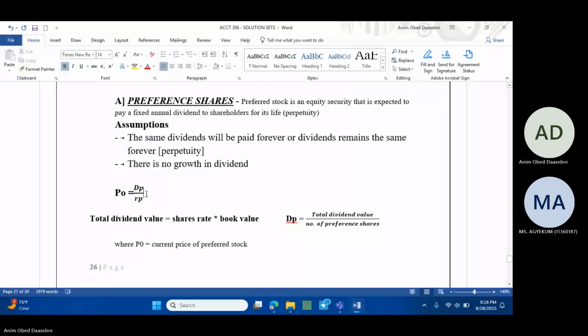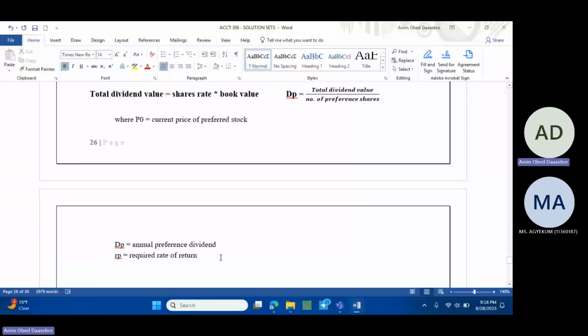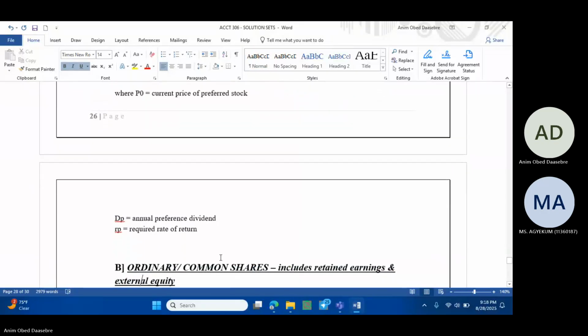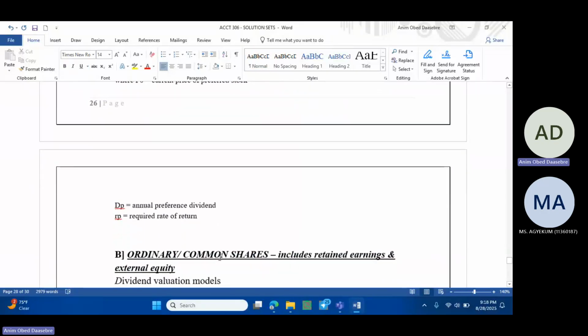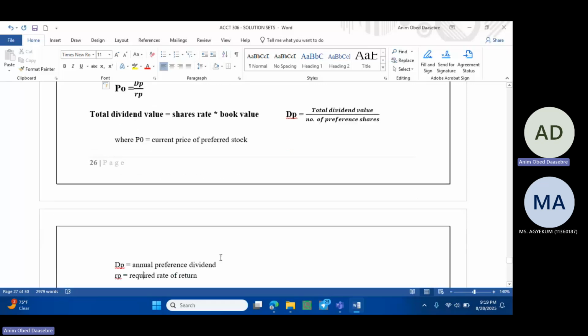Right. So where P0 is the current price of preference share, DP is the annual preference dividends, and PR is the required rate of return on preference share. So when you are able to do this, you can compute your price per share for preference shares.